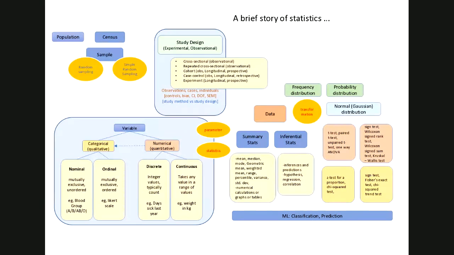Summary statistics give us one kind of information, for example the mean or the average, or what the distribution looks like. Inferential statistics give us a different kind of information, like a hypothesis. For example, how significantly do two groups, male and female, differ on a particular issue?